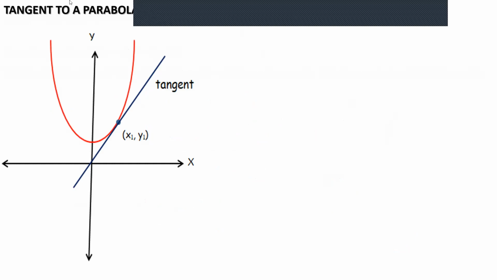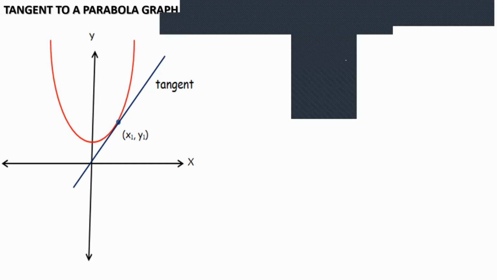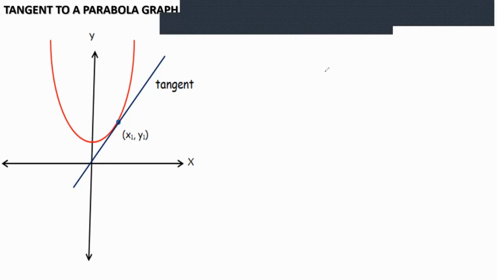Here is the story of a tangent. I need to teach you. First thing, a tangent is a straight line. That's what it is. It's a straight line that specifically passes through only one point on a particular graph. So a tangent is a straight line that passes through only one point on a particular graph.